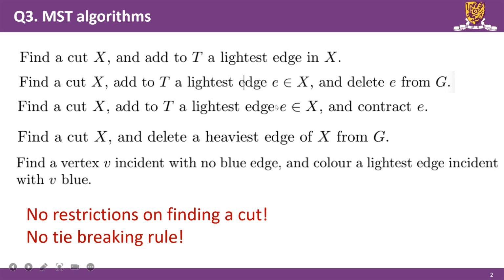The third one is that when the lightest edge is found, it will make edge contraction. The fourth method is to delete the heaviest edge from the graph. The final one is about vertex incident. Now let's look at them one after another.